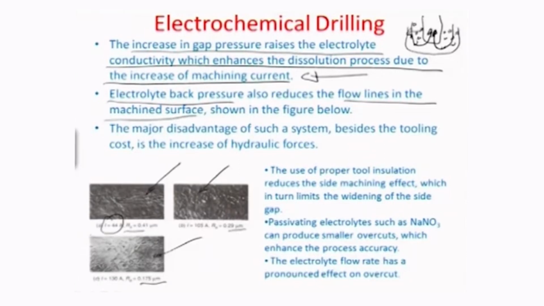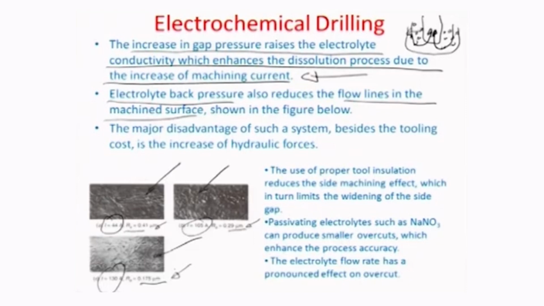If the current is 44 amps, for example, the roughness is 0.41 microns. If it is 105 amps, the roughness is about 0.29 microns, and if it is 130 amps, it is about 0.175 microns, and so on.